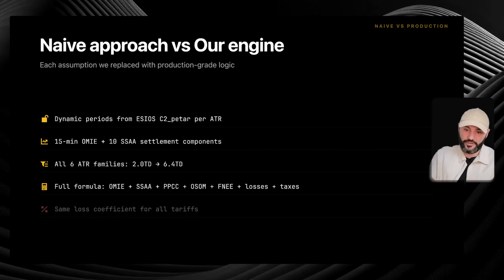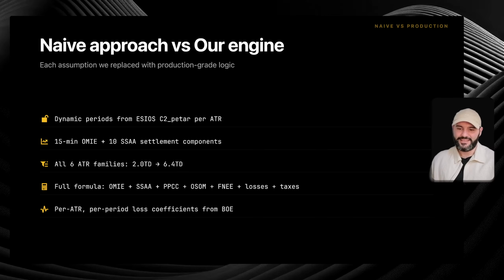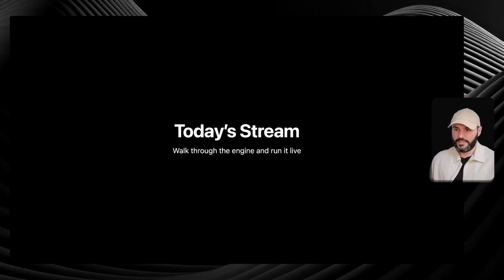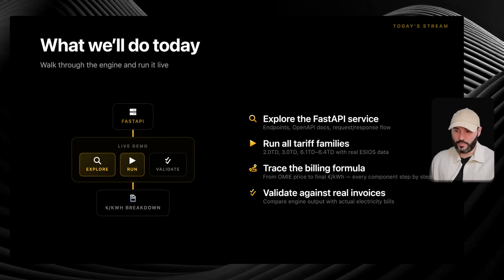So we're going to take the original data and plug it into our system to get precise numbers based on the ATR to calculate the loss coefficients. So in today's stream, we are going to build an API, an endpoint, so that we can query the calculations, run them, validate if they are good, and get the breakdown in a PDF.